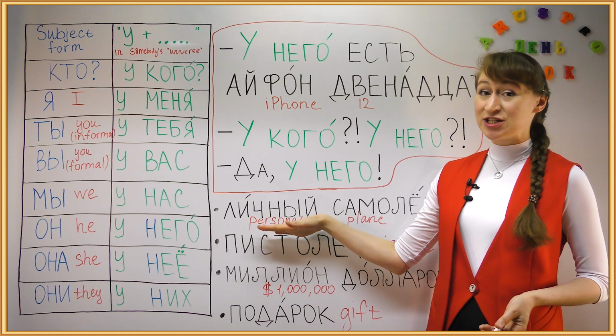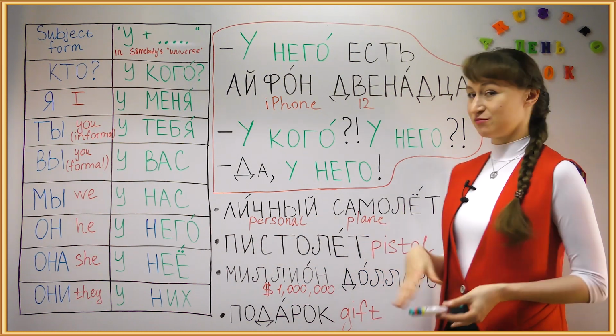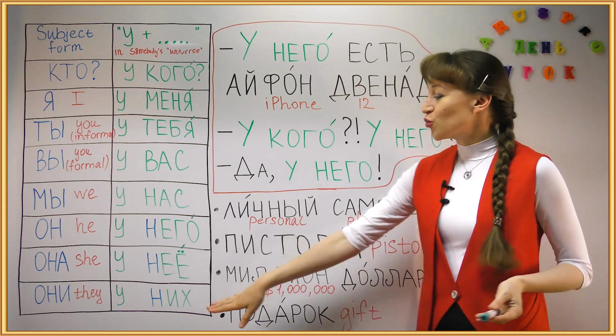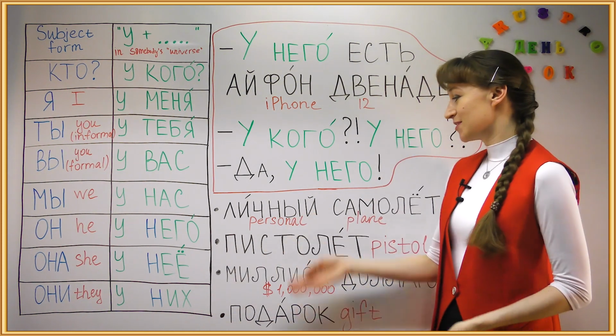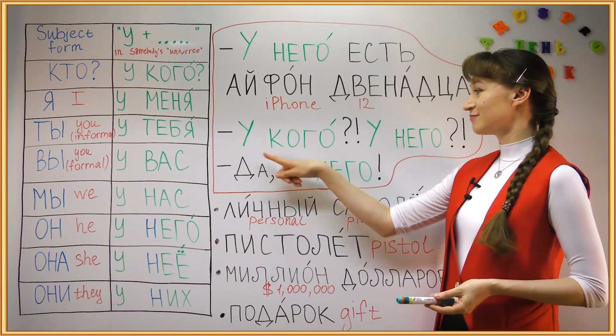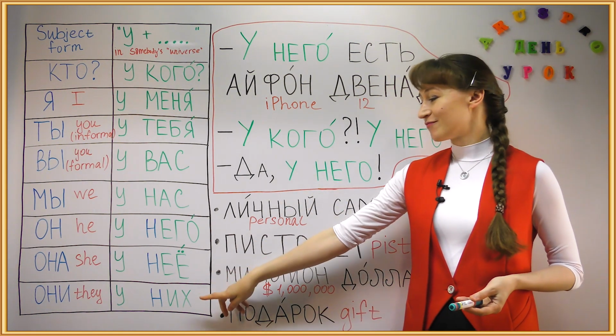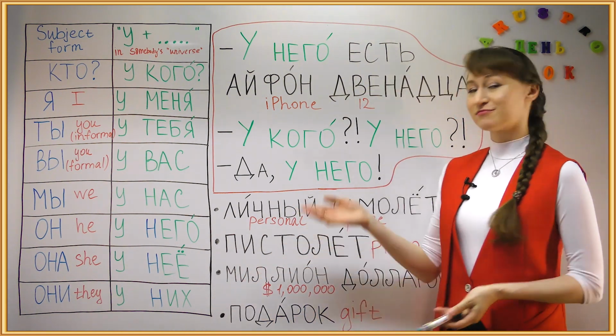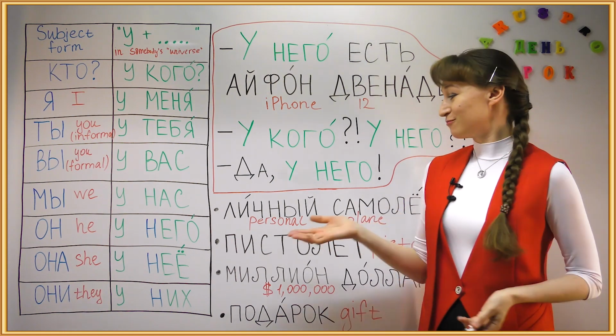Next one. Личный самолет. A personal plane. У них есть личный самолет. У кого? У них? Да, у них.